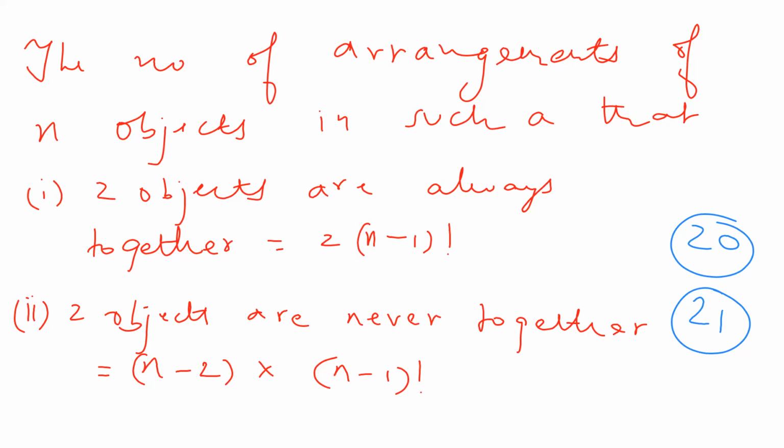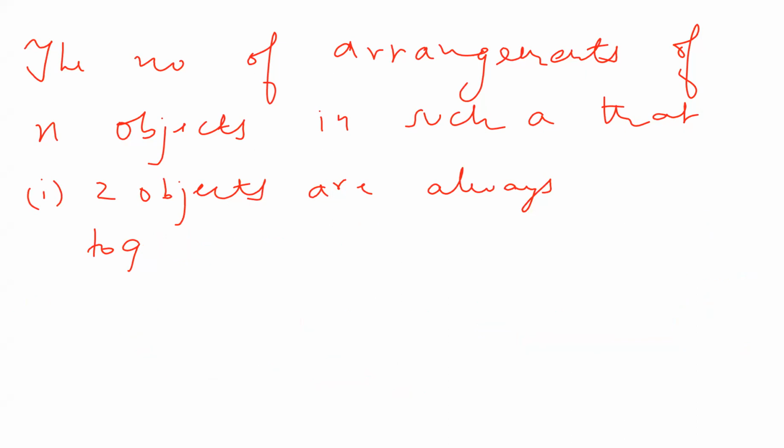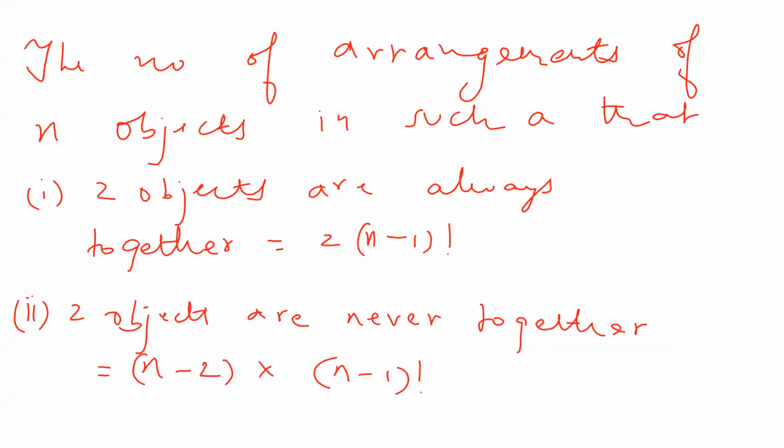So question number 20. There are 10 books which are supposed to be arranged on a shelf. Find the number of ways in which this can be done if two books are always together. So what is the answer? 2 into 10 minus 1 factorial, 2 into 9 factorial.